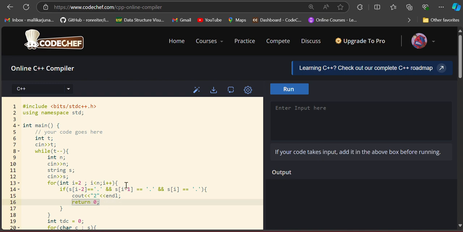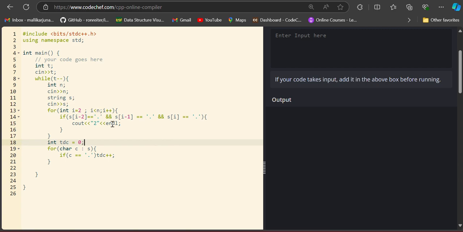If I had continue here, it causes this much breakdown, right? So we just try to use all test cases. So if three dots are available, so we just print it out.